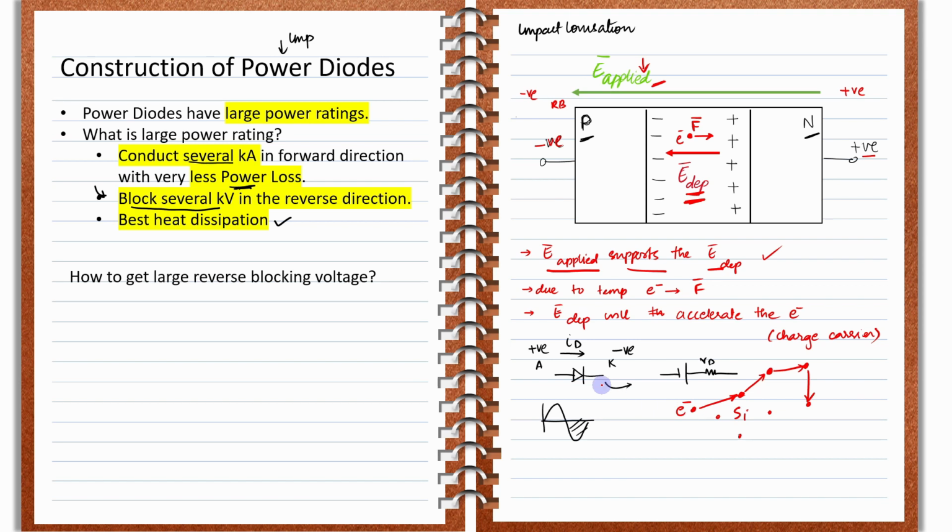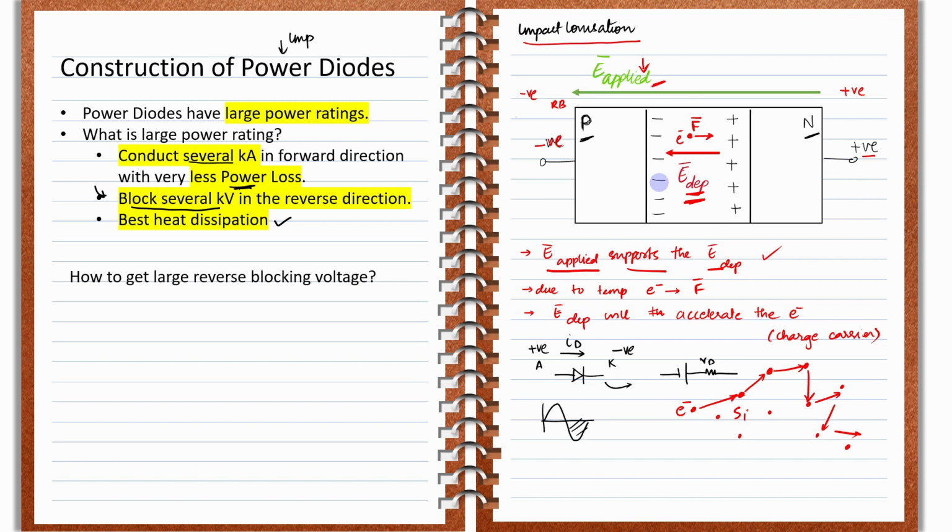So this process in which this electron is going and knocking off another electron from some other atom is called impact ionization. And if this continues, that is, continuously electrons are getting generated in the depletion region, naturally you know that the reverse current is going to increase, right?